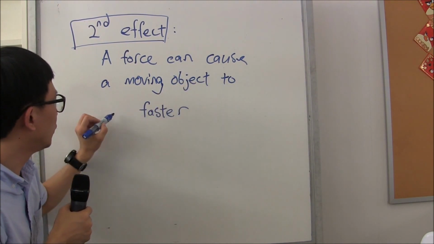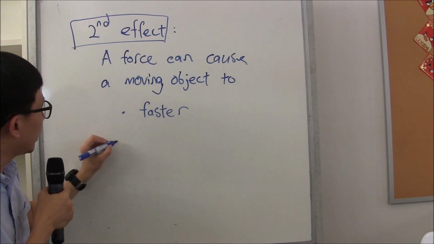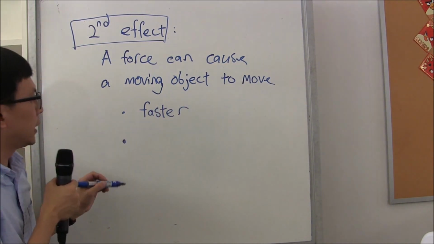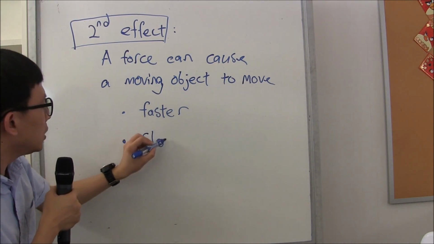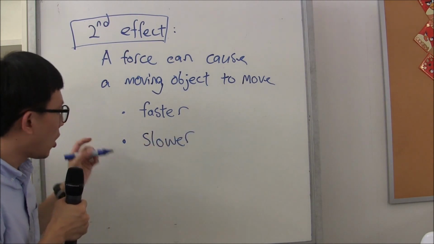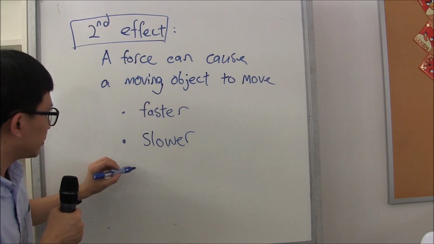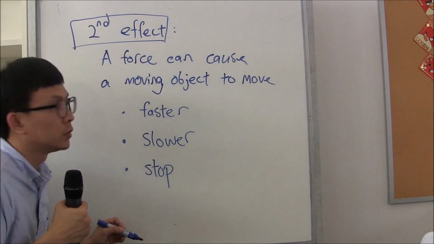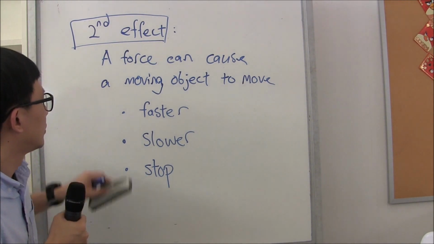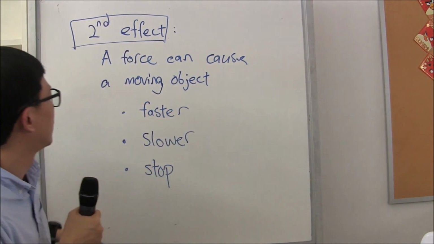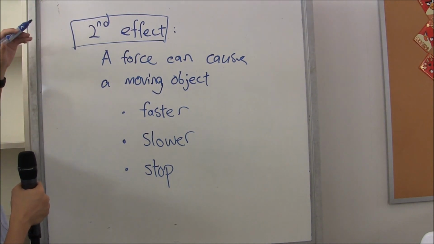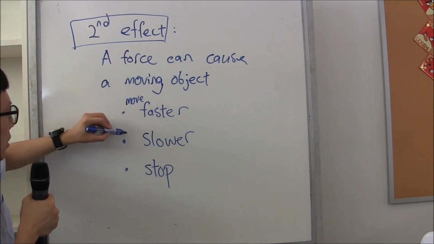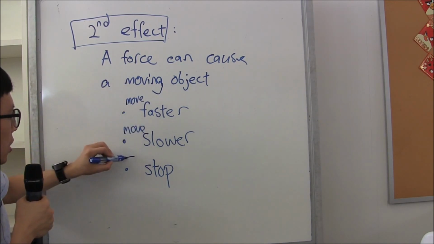It can cause a moving object to move slower, or it can stop the moving object. So that is the second effect of a force. A force can cause a moving object to move faster, I'm going to just write down here, move slower, or to stop.